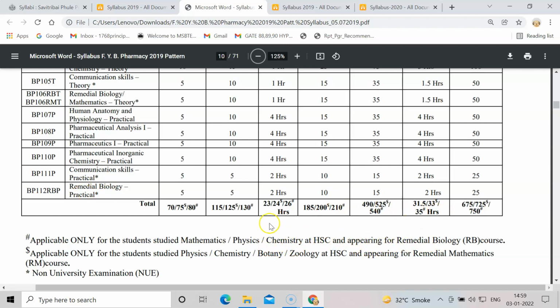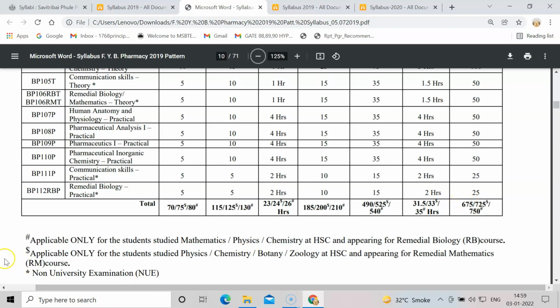So the hash is only for biology students, and the remedial mathematics sign is for remedial mathematics students. See, this hash 750 marks will be for biology; 25 has increased beyond the math because it has a practical. 725 is only for students having mathematics extra, and 675 will be for regular students.